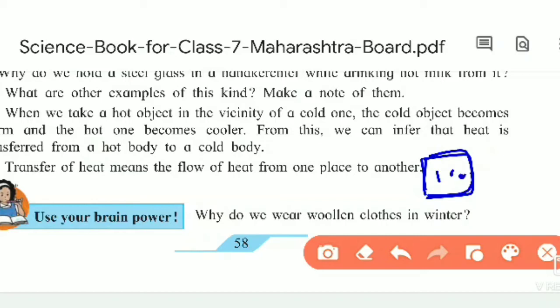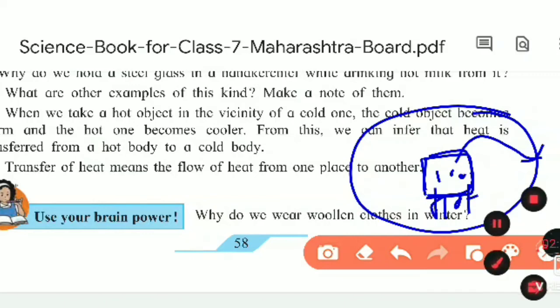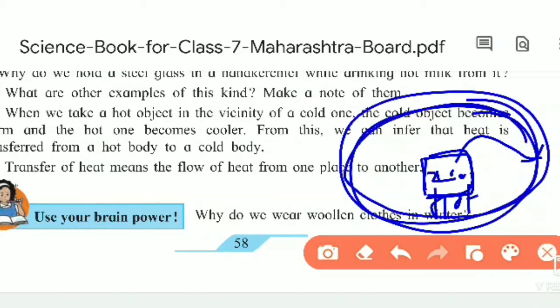That is the hot object. When we keep it as it is, the hot object becomes cool, means it comes to the normal temperature, and the air around it becomes warm.